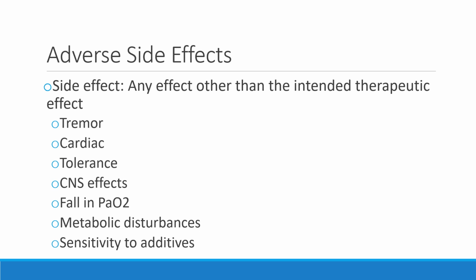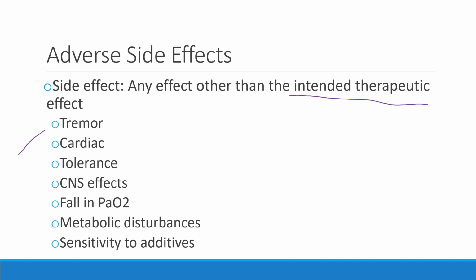Adverse effects. The definition of adverse effect or side effect is any effect other than the intended therapeutic effect. So these include things like tremors, and tremors are typically dose related, but means you've gotten so much in your system. The more dose, the more side effect, right? Cardiac would be one of your first ones that you would see.